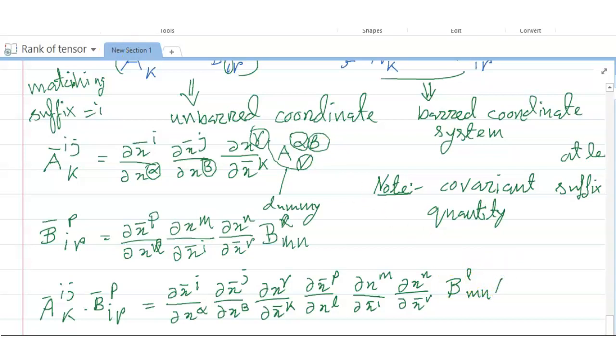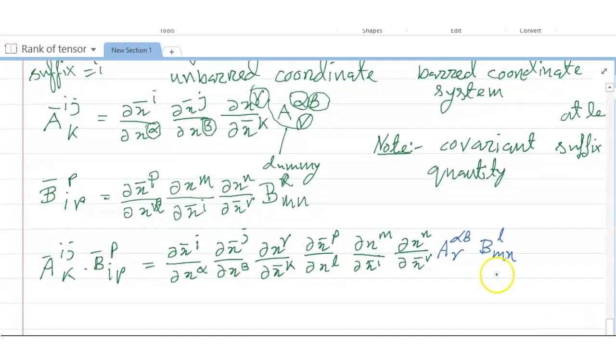Writing orientations, some change. I have to write this way: A^{αβγ} into B^{lmn}.